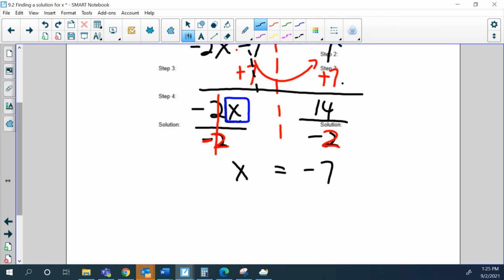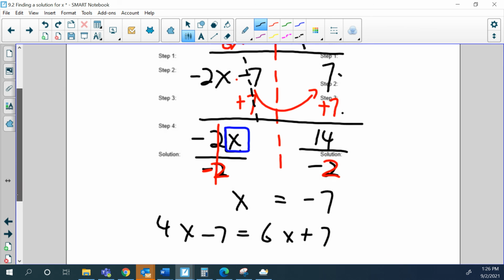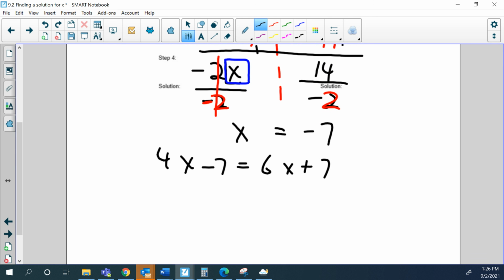Okay, so I'm gonna have 4x minus 7 is equal to 6x plus 7. Now let's do this. 4 times, right?